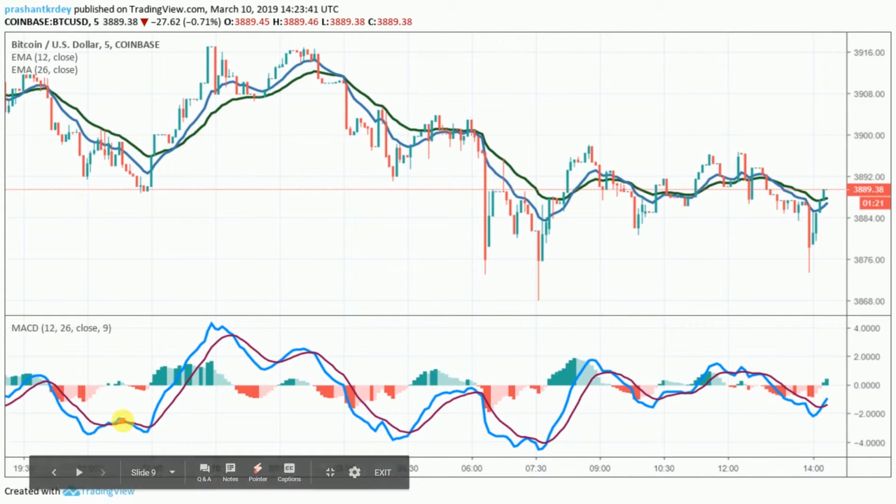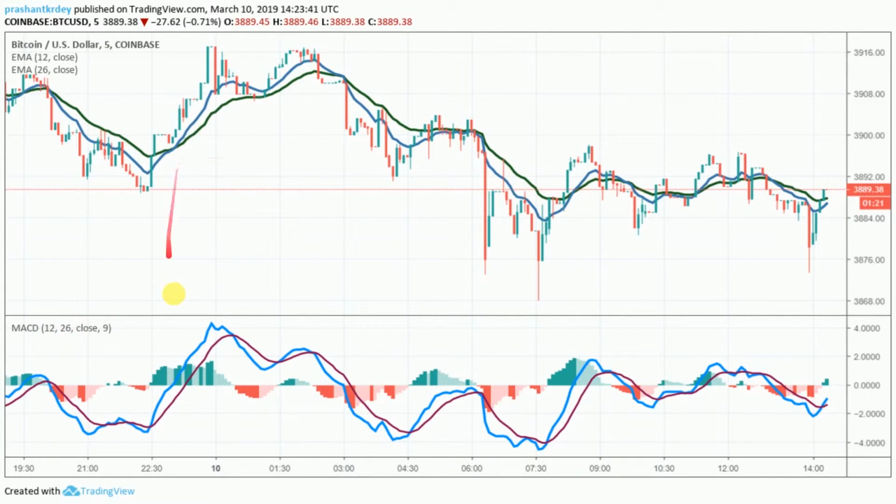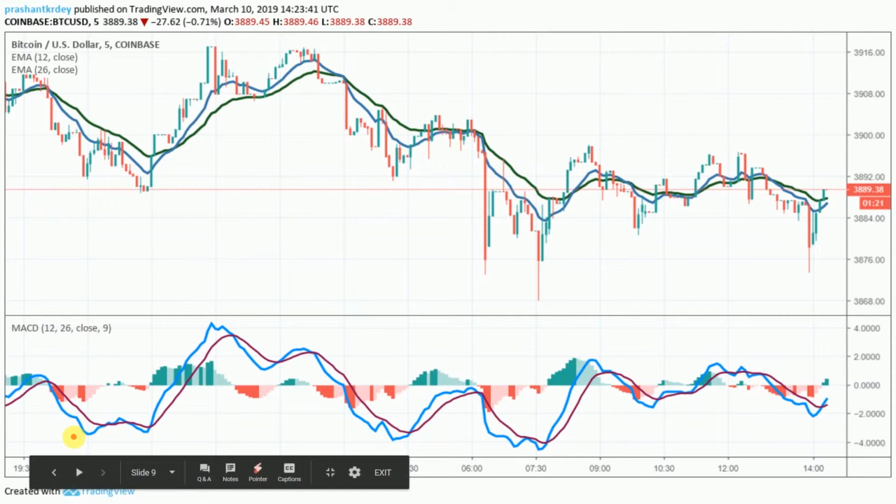So this blue colored line that you are seeing is the MACD line, and again, this is the difference between the 12 EMA and the 26 EMA. And this pink, like purple, line is the signal line.